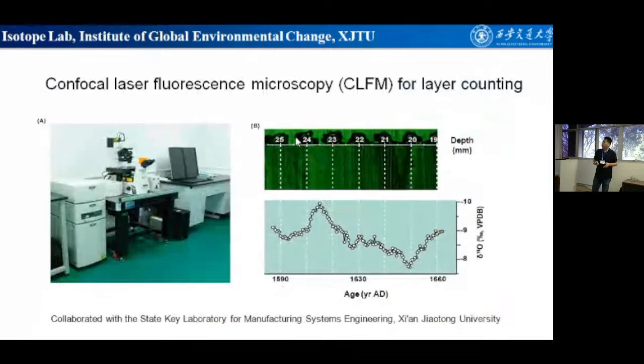We also collaborate with another lab in our university. This is a confocal laser fluorescence microscope for layer counting. We really can get very clear layer boundaries, and we can count very clearly.